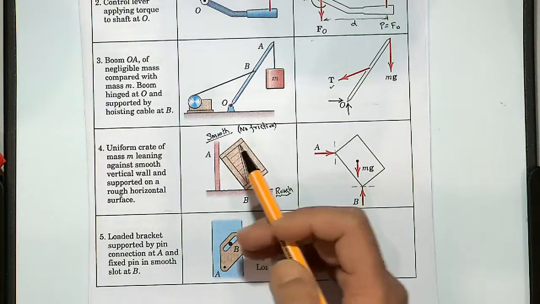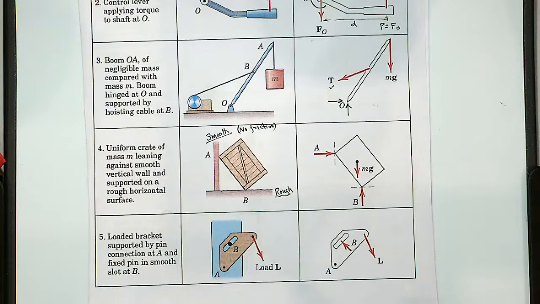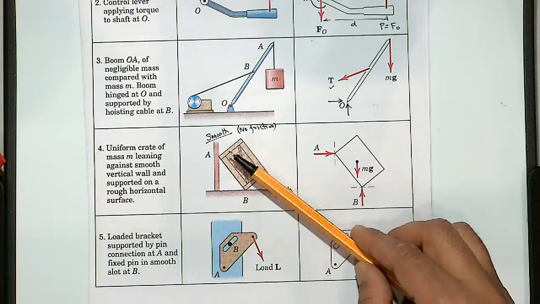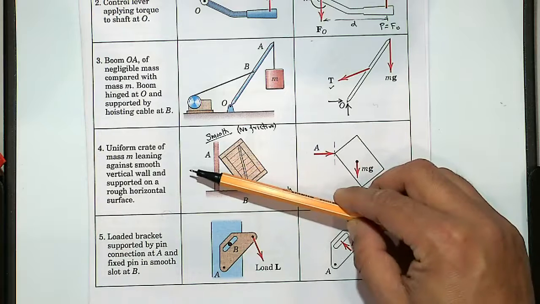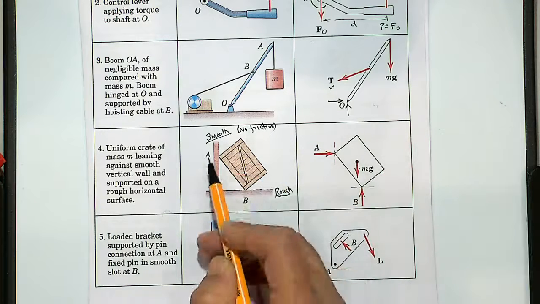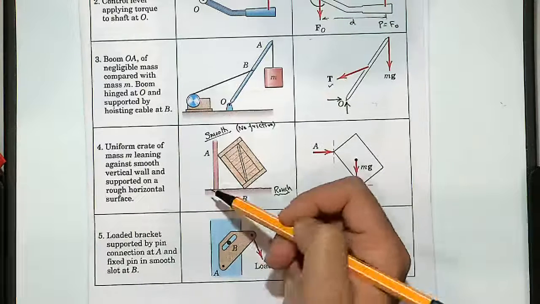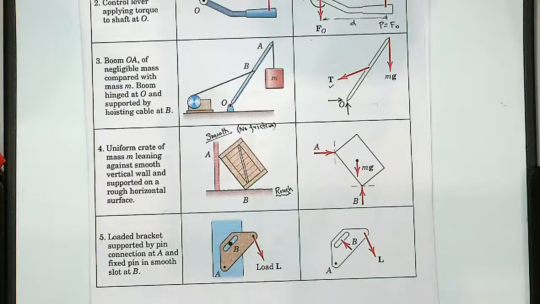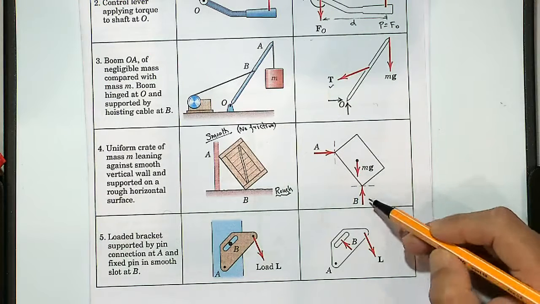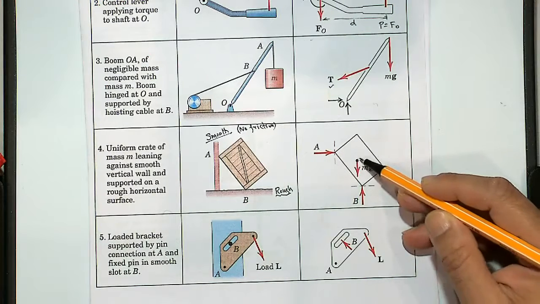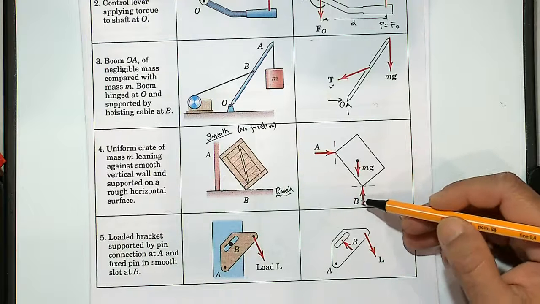And rough normally means we are prompting you to think about friction. If there is no friction, any reaction force from the surface will be perpendicular to the surface. So if this crate is leaning against the wall A, the reaction force from wall A would be perpendicular to the wall surface, so horizontal, whereas mg is the weight acting downward, of course.